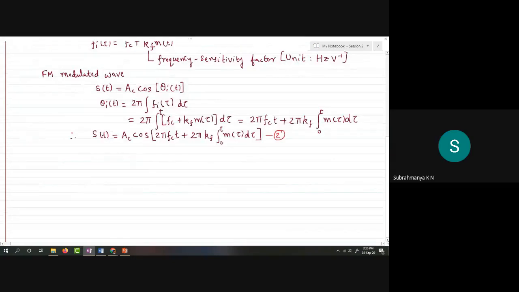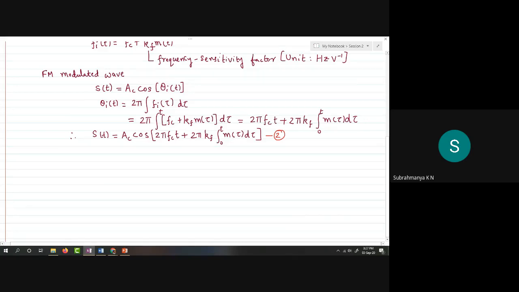What is the difference between t and tau? This is just an integral parameter, since there is a t which will convert into the final expression. Say m of tau is some known signal. I'm not substituting anything to m of t right now, so m of t could be any random signal.